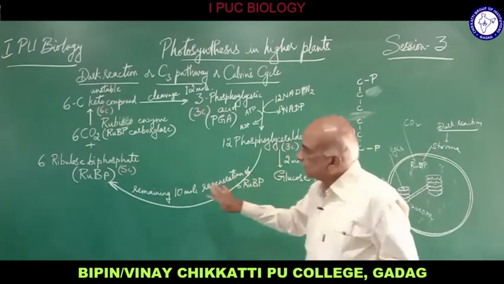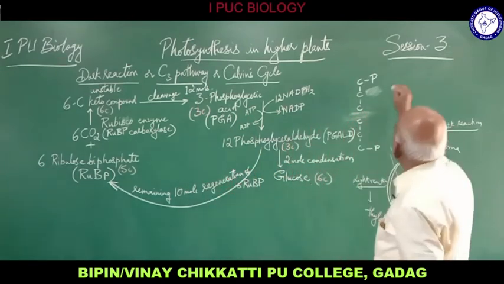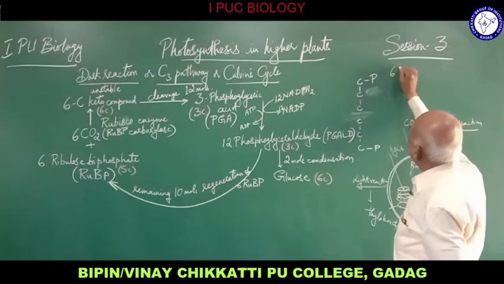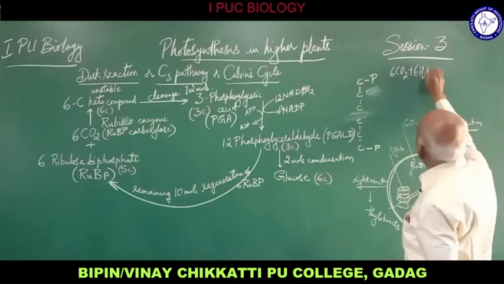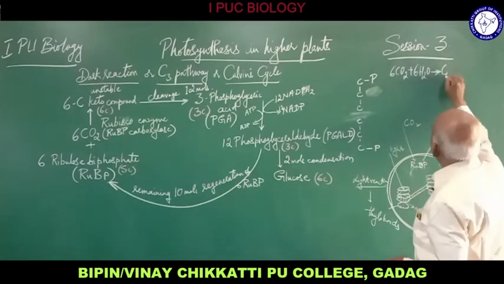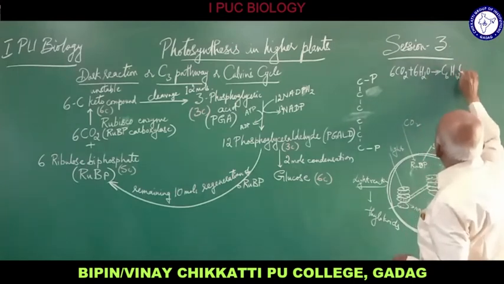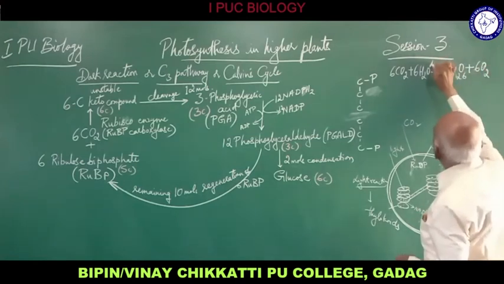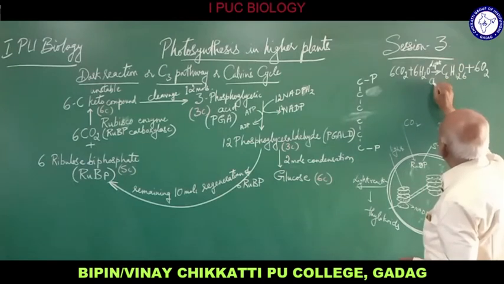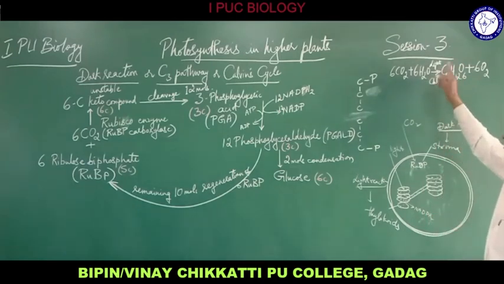Here, if you remember the photosynthetic reaction, just to recall the equation: 6 CO2 and 6 water are used by green plants in the presence of light.